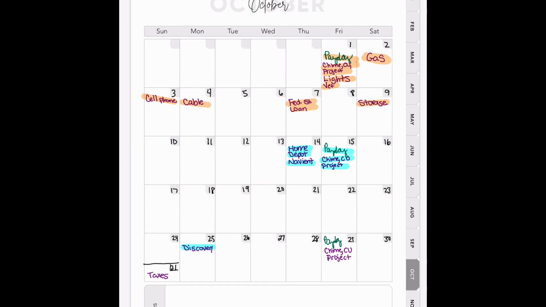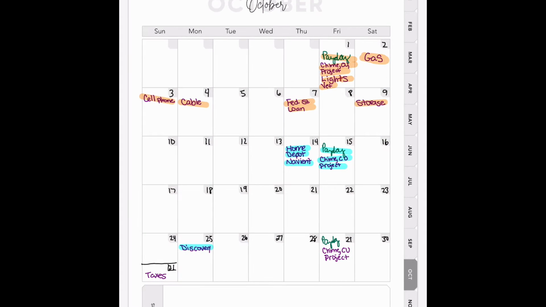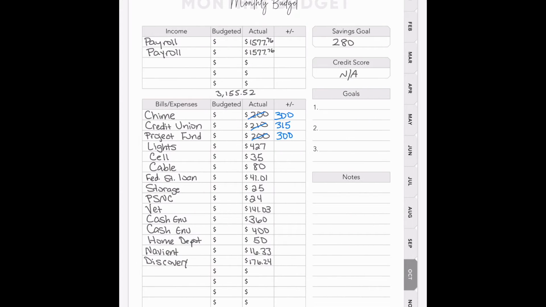This is the monthly layout that I thought I had recording for, but I didn't. But as you can see, I have my bills labeled for the month, and I have the weeks of the paydays, which are the 1st, 15th, and the 29th. So I did set up the monthly budget.